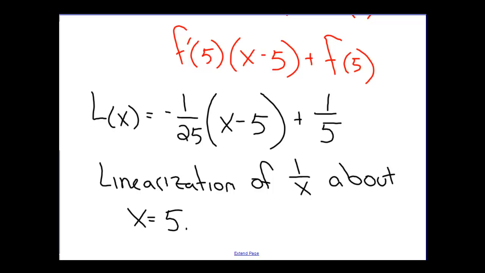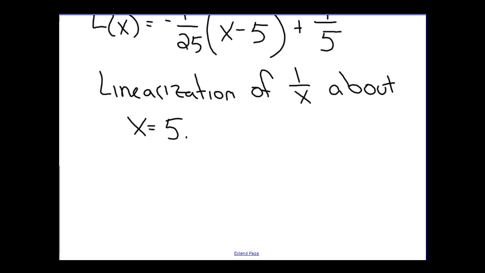And the about here simply means that that's the point on the curve, rather, that we are finding the linearization of. So this models the behavior of this function in a small region of the graph there. And we can use this, if we would like, to come up with values.